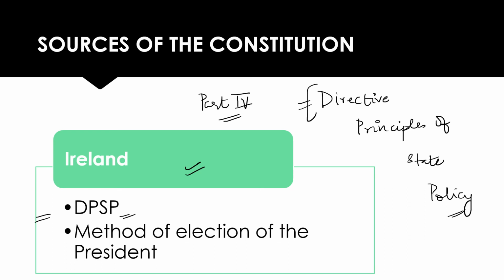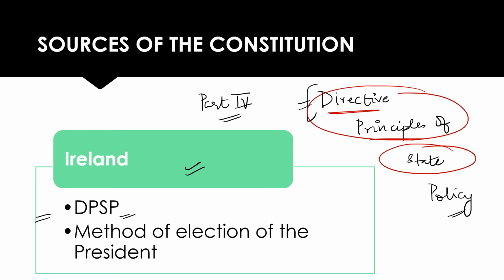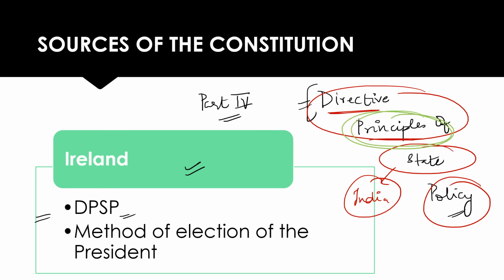So basically, Directive Principles of State Policy means that there are some principles that the state, which basically means the Indian government, that India, has to follow as a part of its policy. So the principles that the state must follow as a part of its policy is what you find in the directive principles. Okay. So these direct as to how India frames its policy.